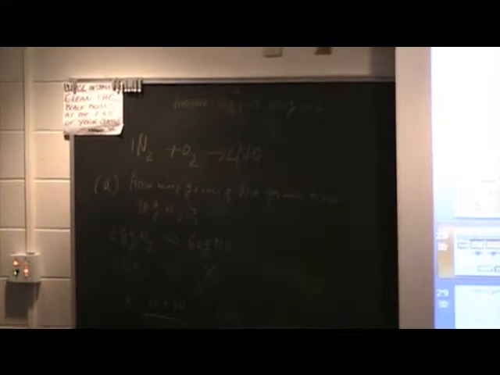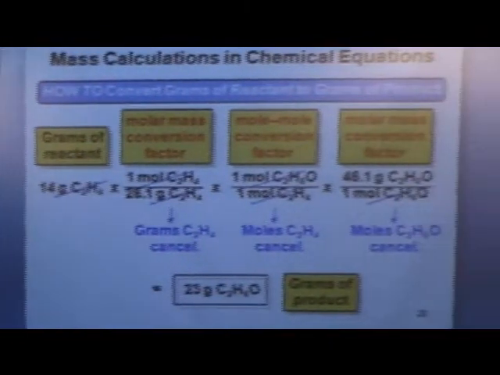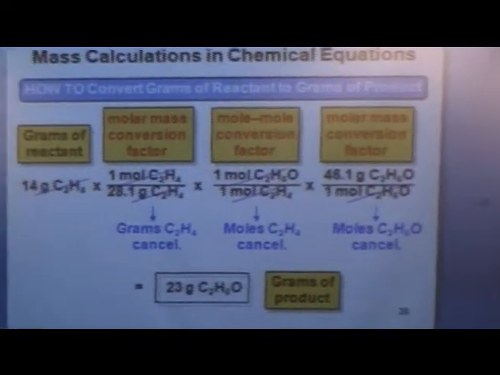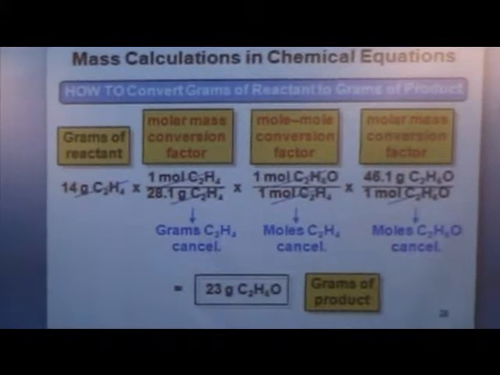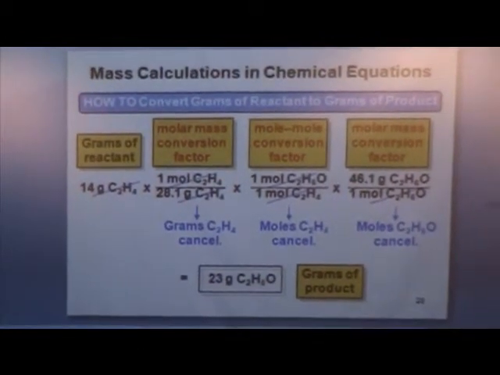The periodic table says nitrogen is 14, if it is one single atom. But the problem I gave you was N2, so it's 2 times 14, that's 28.